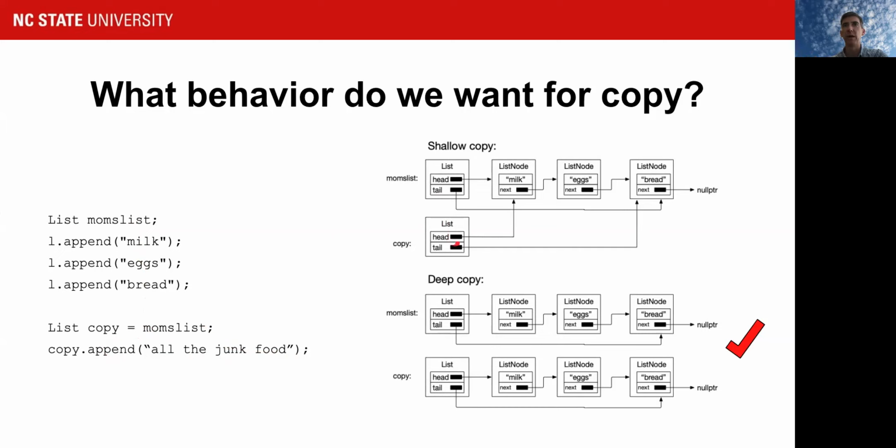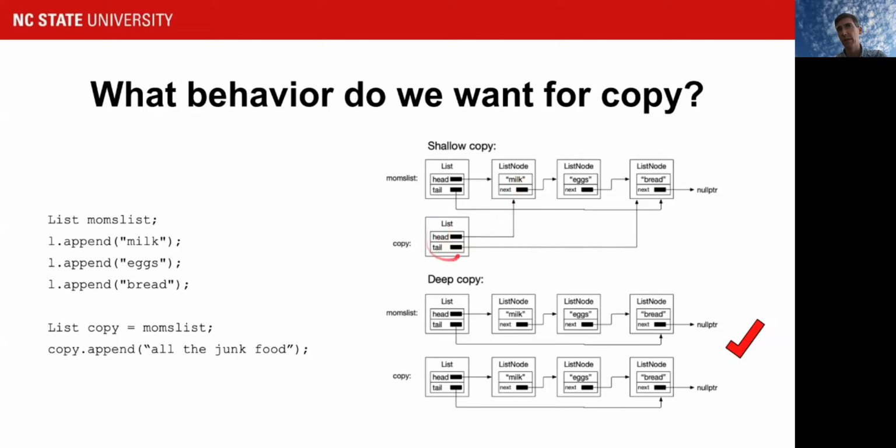So if I do a shallow copy, then the head and tail pointers are just going to get copied over to the new object. It doesn't say anything about the things they're pointing to, right? Shallow copy doesn't care what head and tail are pointing to. It just copies head and tail. And so that means my copy would look like this, pointing to the same milk node and the same bread node that's in mom's list.